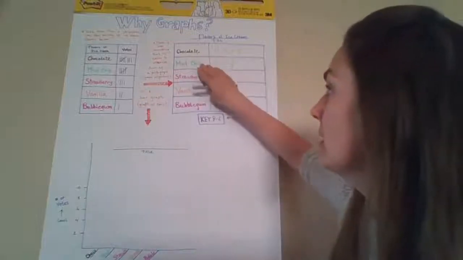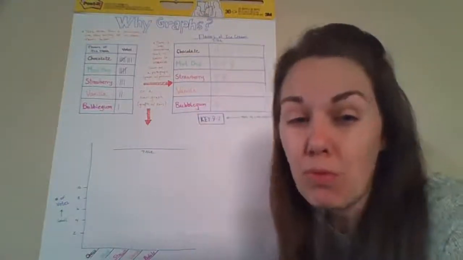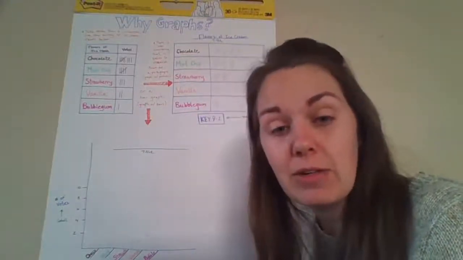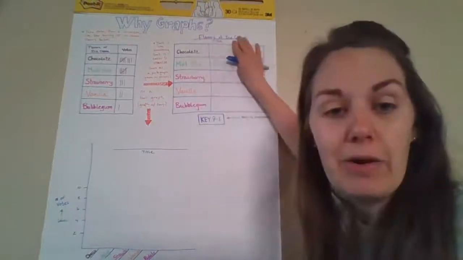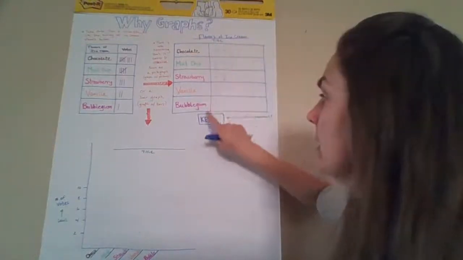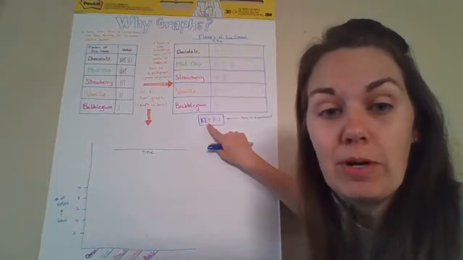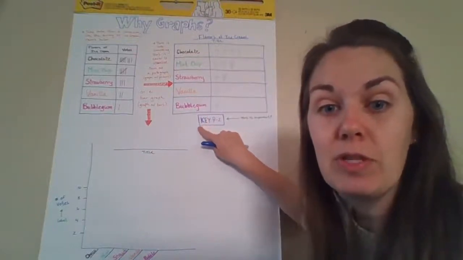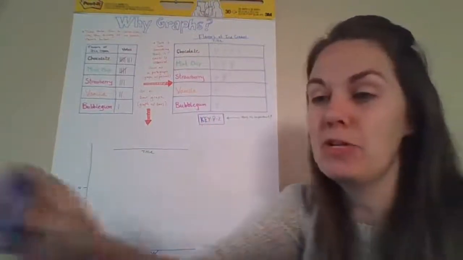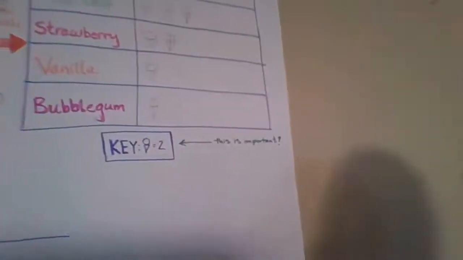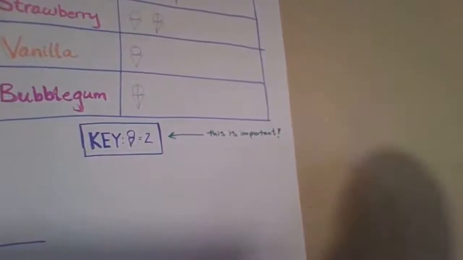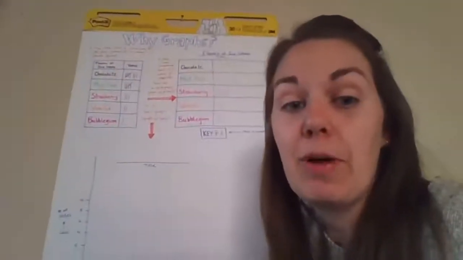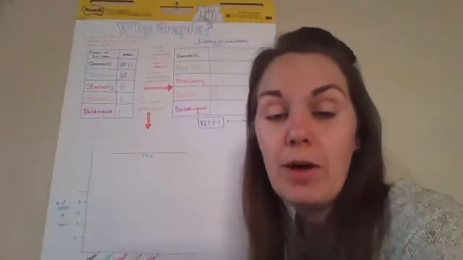So chocolate, mint chip, strawberry, vanilla, bubblegum, we could probably guess that those are ice cream flavors, but I'm just going to lay it all out there in my title. Now, again, remember the super important part, the key shows the picture and what each picture is worth. So I'm going to go ahead and bring my camera in for a second, and you'll notice that I have a picture that looks like an ice cream that's going to represent 2 votes.